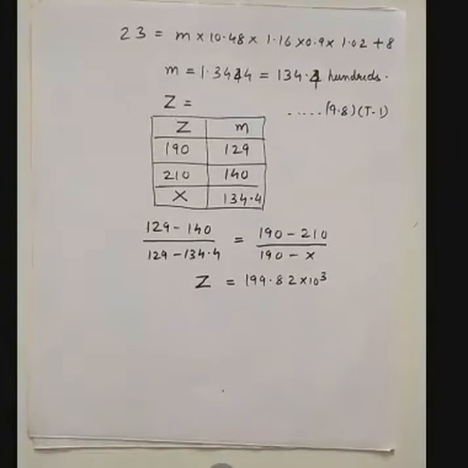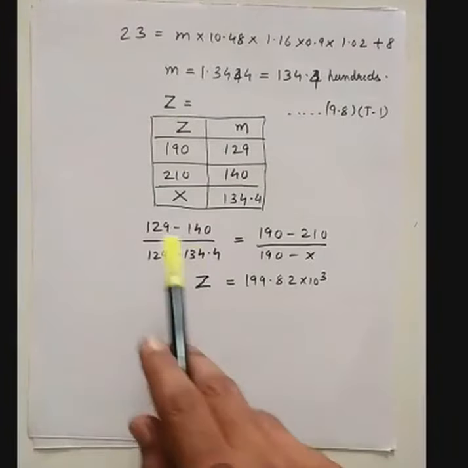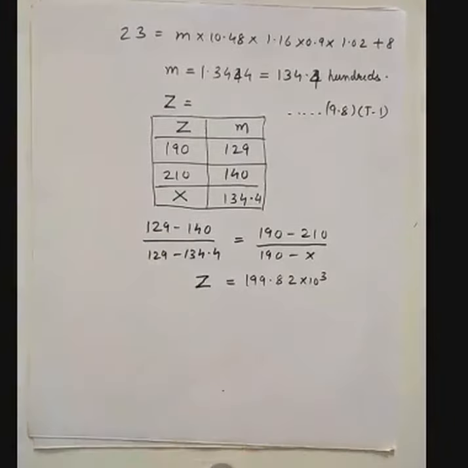Sir, in the formula we do greater minus smaller, right? You can do it either way. Both are multiplied; in numerator and denominator the minus sign is there, so it will get cancelled. Anyway, you can do. If you do greater minus smaller, minus sign won't come into picture. If you do smaller minus greater, minus sign will come, but in both numerator and denominator it will come.